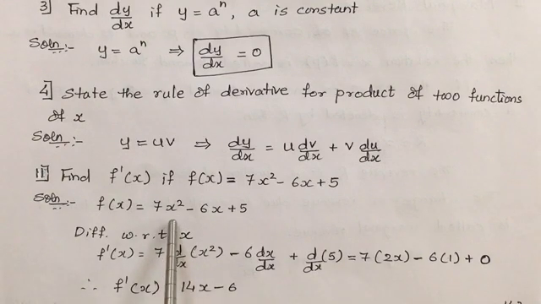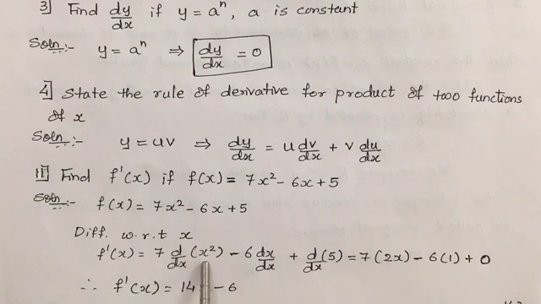So we have to take the derivative of the variable, that is of x. So we have to write here d by dx of x square minus 6, again 6 is constant, so it is taken out, dx upon dx plus d by dx of 5.